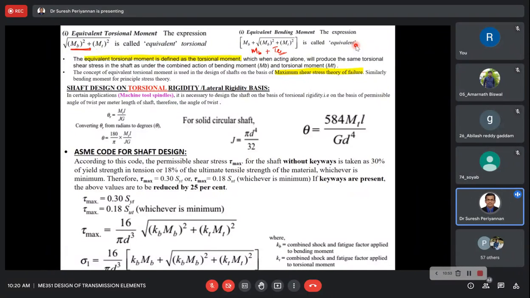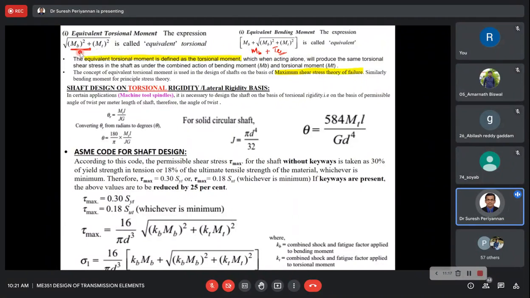Just keep in mind, while discussing the problem you can clearly understand which maximum twisting moment and which maximum bending moment we are using for designing the shaft. Later I will explain while discussing the problem. Up to this, just keep in mind what equivalent torsion moment and equivalent bending moment are.